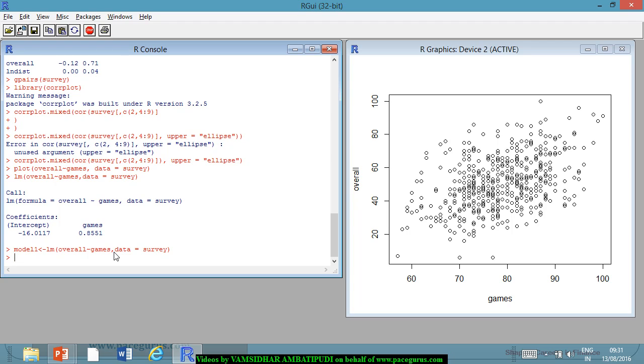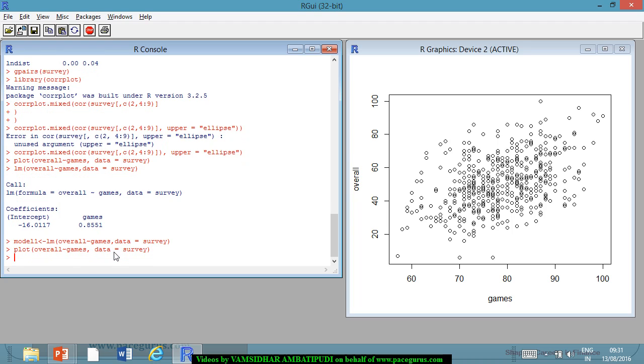Now we have this plot. Let me redo the plot here. So this is the same plot. To this, if I want to add the regression line, I can add it as abline. I want to add this regression line, the smoothened line. I'll add abline saying model 1, abline model 1.